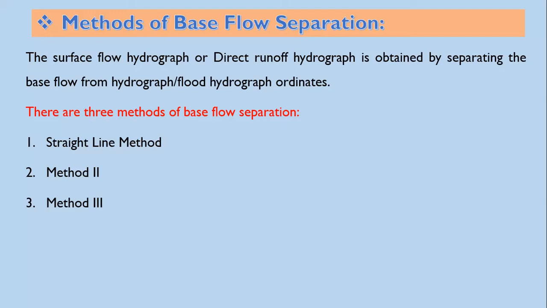But in case of mountainous area, sloping area, hilly area, even after cessation of rainfall, there will be flow from the ground. It is called base flow. It is also called natural flow.